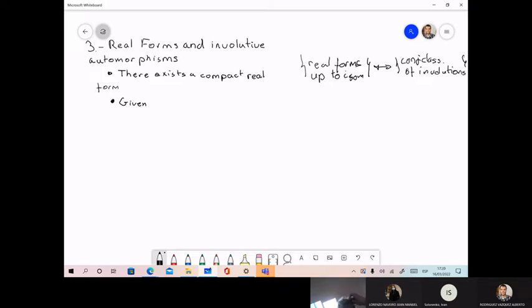And thus, we will transform these real structures in some sense into involutions, right? So we proved that given a complex semisimple algebra, there always exists a compact real form.